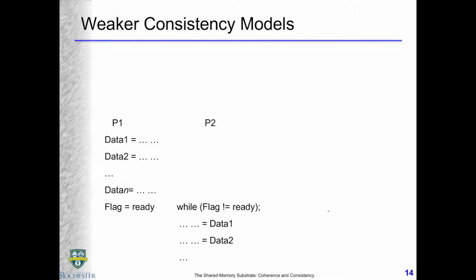It's a contract. The more restrictive contract leads to less surprise in the outcome of a parallel program, so it's easier to program. The flip side of that is it tends to limit what you can do in terms of hardware implementation, and it can lead to slower execution.